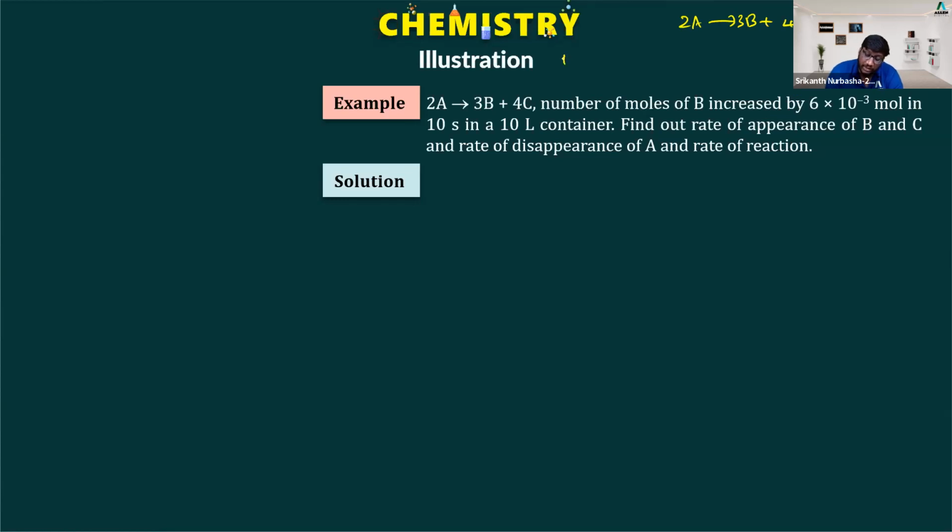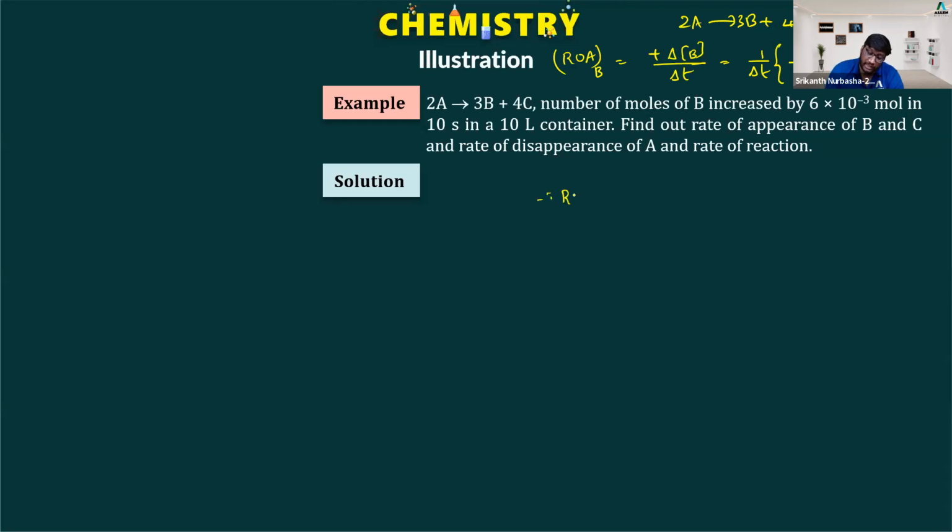What can I say, rate of appearance of B is equal to what? Plus of the change in concentration of B divided by time taken for that change. Plus we have to use because it is a product. So 1 by delta T into change in concentration of B. Concentration is equal to number of moles by volume. So 1 by V into change in the number of moles.